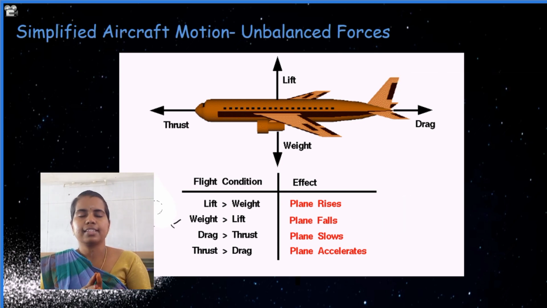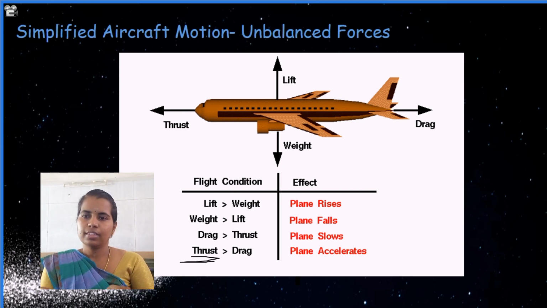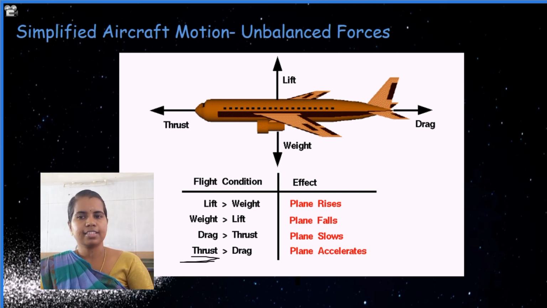When the thrust is increased more than the drag, the plane will go forward, because the thrust produced by the engine is more than the drag. Drag is an opposite force, or frictional force, on an aircraft. So when the drag reduces and the thrust increases, the plane will move forward.